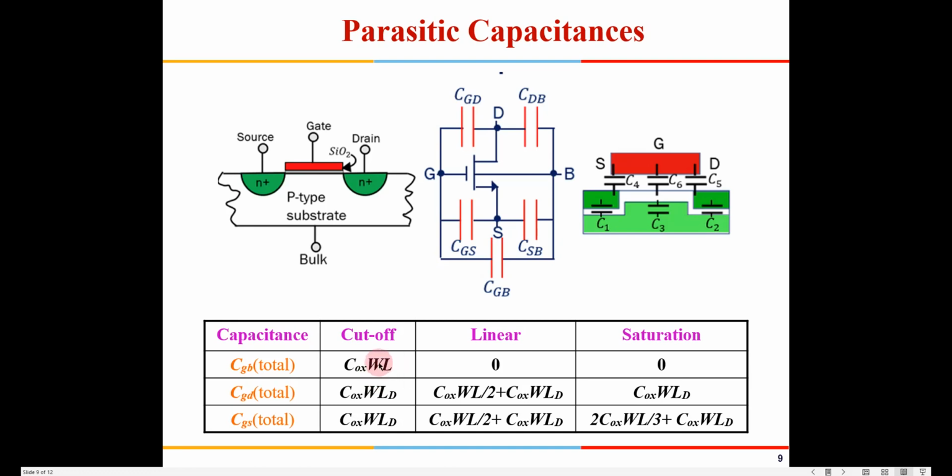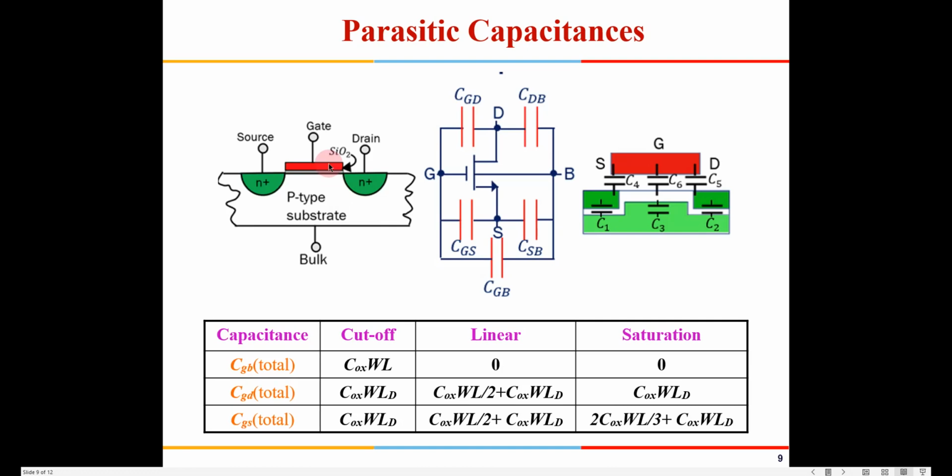Obviously there is a gate here, right? This is L, and W, if you go deep, is the width of the transistor. So W into L is the area of the plate placed over the insulator. What is the formula for a capacitor? It is area times epsilon divided by T, right?